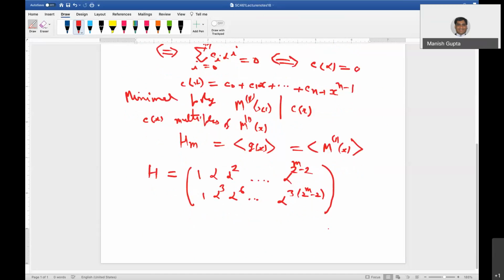Suppose C is a code that we are getting from this parity check matrix.